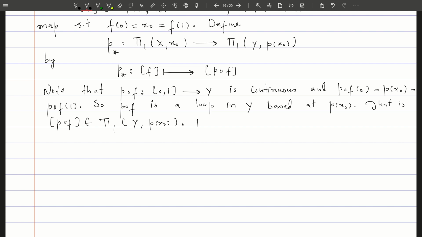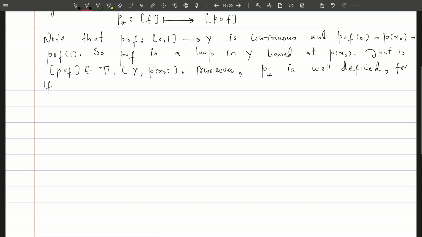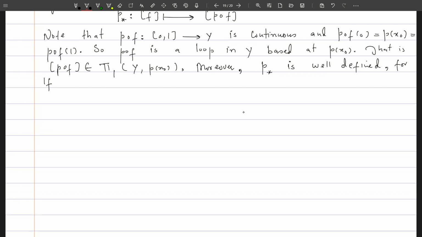Now first we'll show that this P star is a well-defined map. Moreover, P star is well-defined. For suppose the homotopy class of f is the same as the homotopy class of g; then we have to show that their P star images are the same as well.